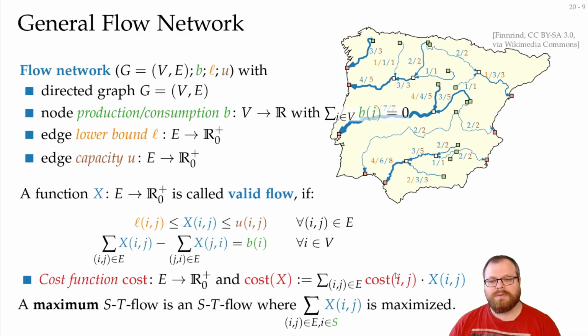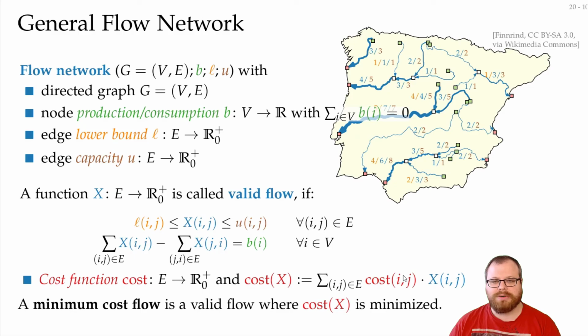If you put this to a 1 everywhere, then the cost is just the total flow that you have in the network. But maybe some of those are more expensive than others, and this gives you even more freedom. And now the question is not to find a maximum flow, but a minimum cost flow. So we want to find some valid flow where this cost function is minimized.